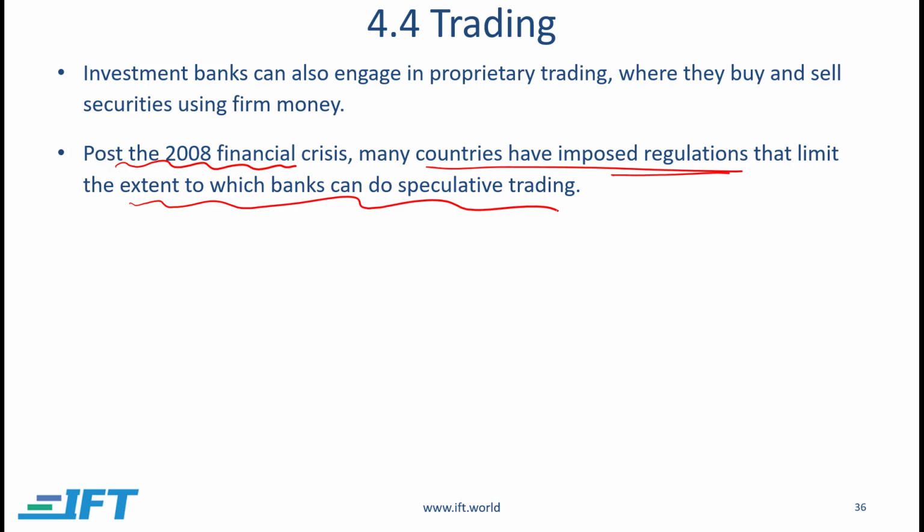But investment banks do have proprietary trading going on, where they use the firm's money, their own money, to trade, and this is discouraged. Another reason why this should be discouraged is because investment banks have access to material private information. What does that mean? Material means anything which is of significant economic value, and private means not known to everybody else.